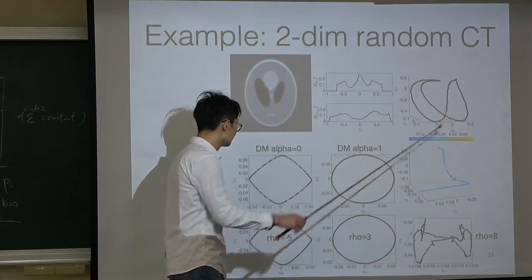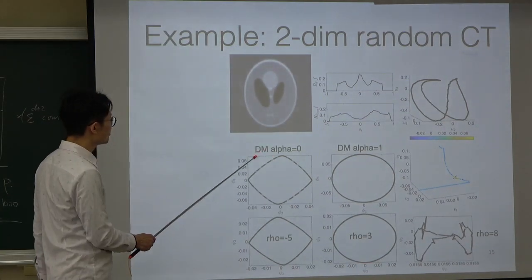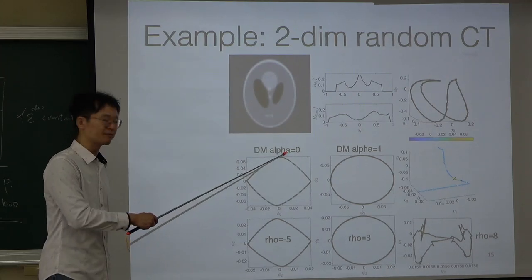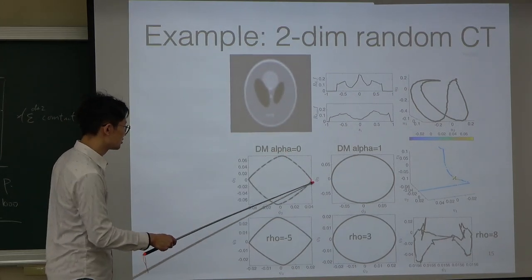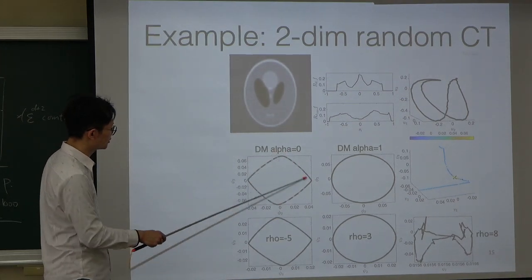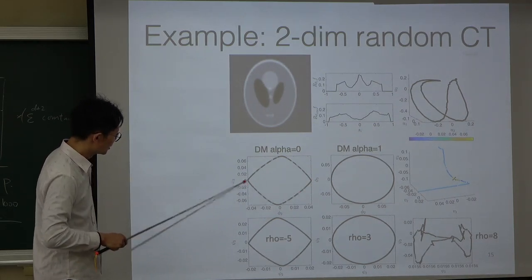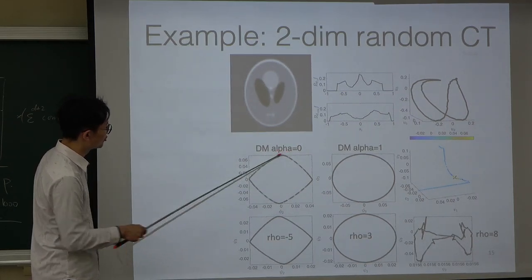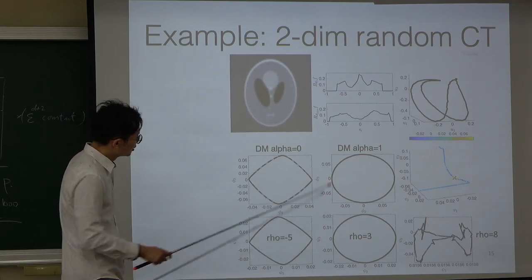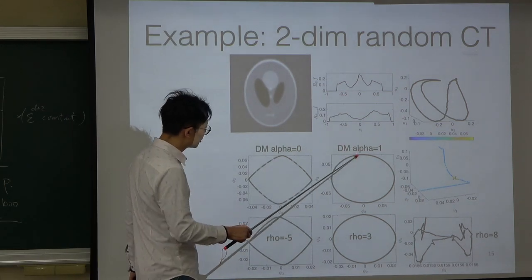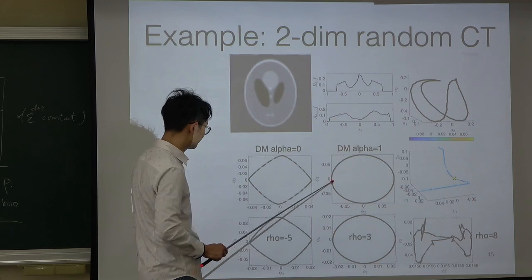There is an intersection. And if you run diffusion map without normalization, alpha is 0, then you can see this is not like a circle. It's diffeomorphic to a circle, but you can see some kinking. This reflects the non-uniform density function. If you choose alpha is 1 diffusion map, nice, this is S1, right?